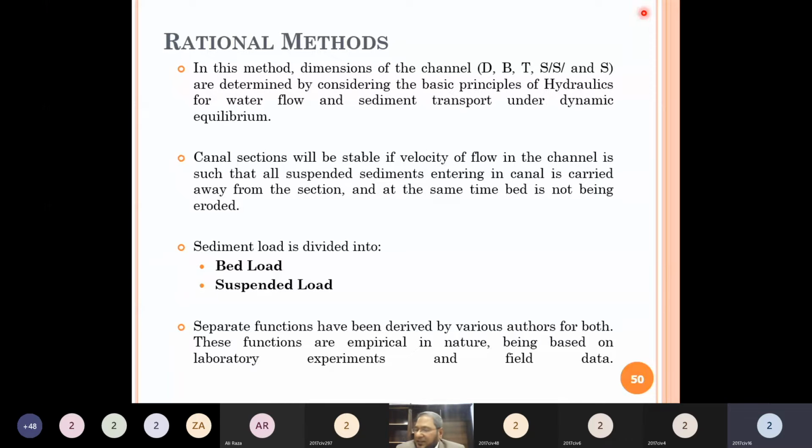Sorry, C value is 1.5 to 2.5 and C is 1.5 when discharge is 20 cusecs. Q is equal to 20 cusecs. And C value is 2.5 when discharge is more than or equal to 3000 cusecs.